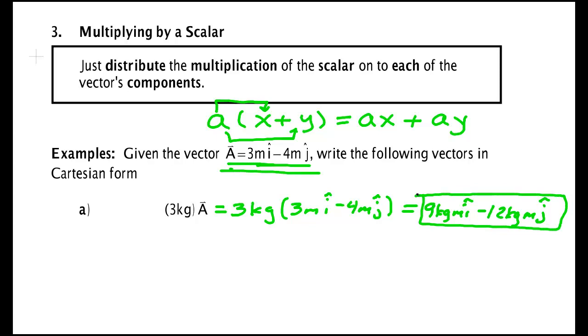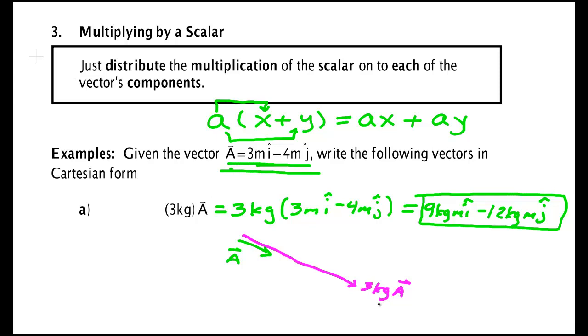The overall vector got 3 times as long. It was originally something like this. That was A. And now the vector is a new vector, I'm sorry, not 4 times as long, 3 times as long as what A was, but it's more than that.